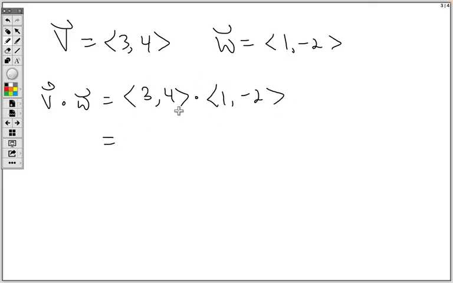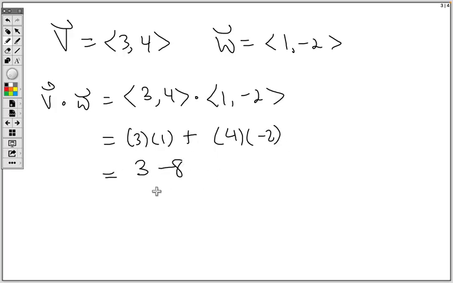I multiply the x components together, so 3 times 1. I multiply the y components together, 4 times negative 2, and then I add the results. And so I get 3 minus 8, I get negative 5. So v dot w, these two vectors go in, their product is negative 5, the number negative 5.